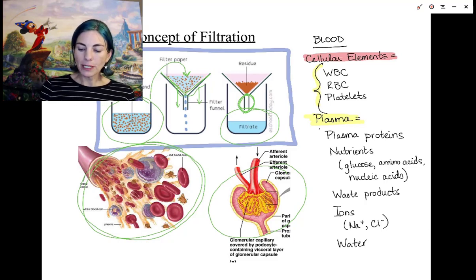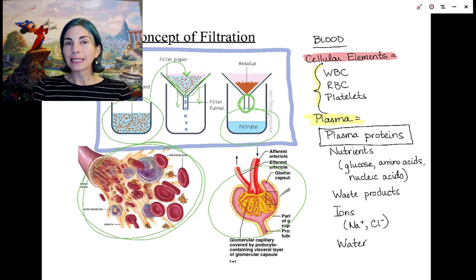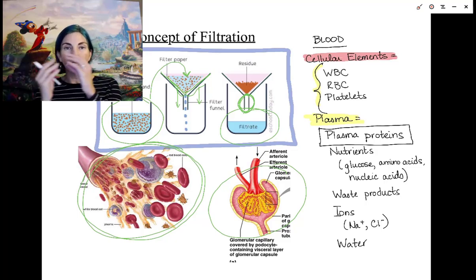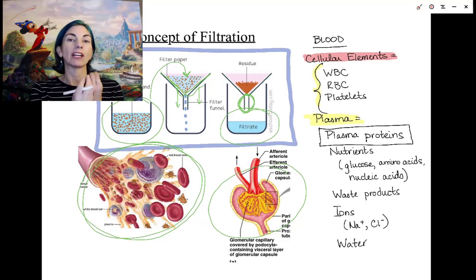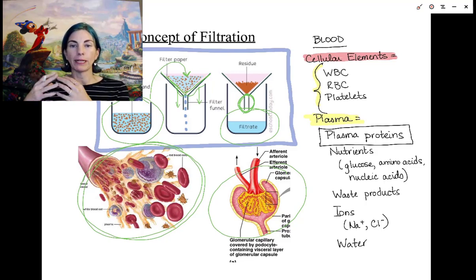The plasma proteins represent kind of an interesting paradox here. They are typically the largest elements of our plasma, but plasma proteins themselves range in size. There are big plasma proteins, and then there are really small ones that you might not even call proteins, like certain types of hormones, which are pretty small, bigger than some of our nutrients, but not necessarily big enough to be a plasma protein like, let's say, low density lipoprotein.